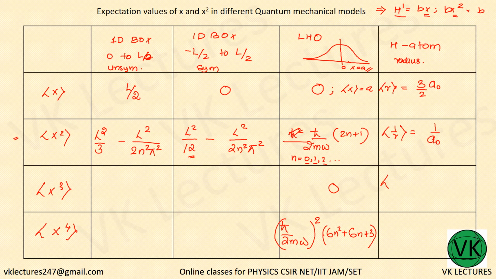Expectation r square is 3a0 squared, then expectation of 1 by r square is 2 by a0 square. So these are the expectation values.